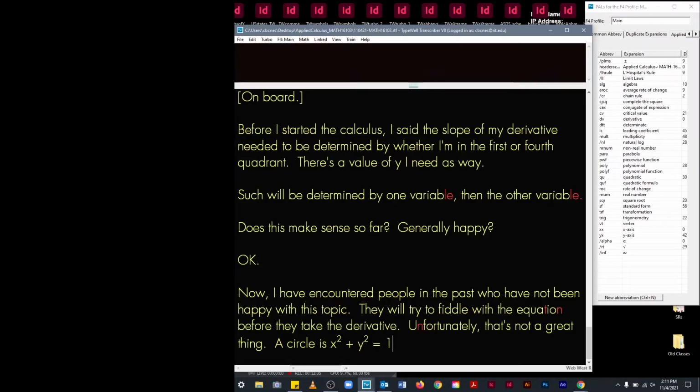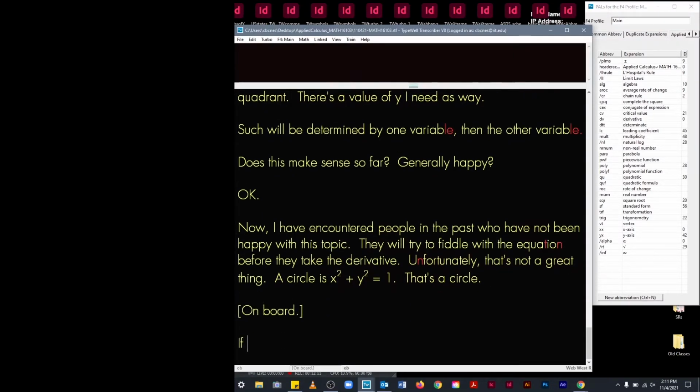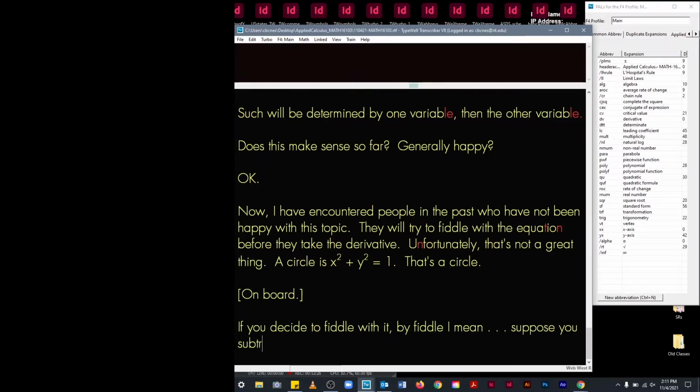If you decide to fiddle with it, and by fiddling with it, I say, okay, suppose you subtracted x squared to the other side, and you had y is equal to the square root of 1 minus x squared.